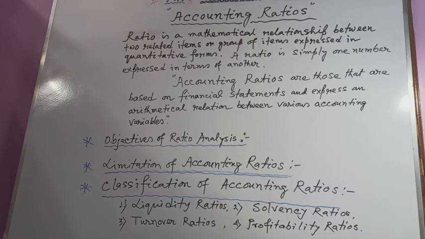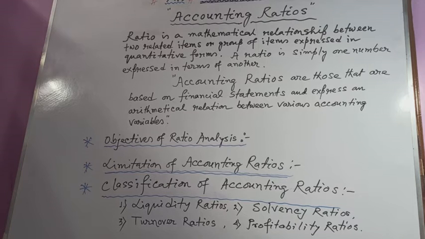Okay. Next, lack of proper standards. That means circumstances differ from time to time or firm to firm, hence no single standard ratio can be fixed for all the firms against which the actual ratio may be compared. And another main important limitation, ignores qualitative factors.